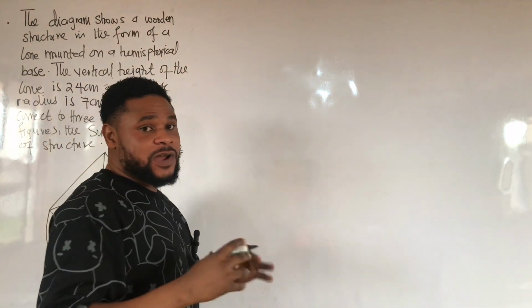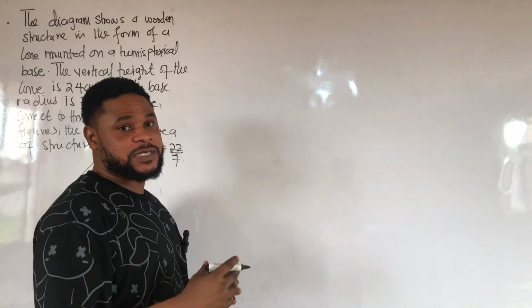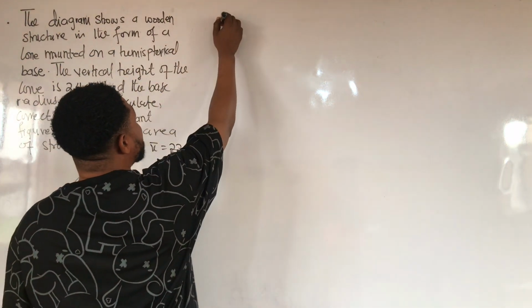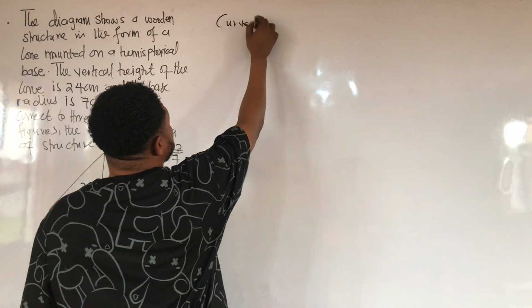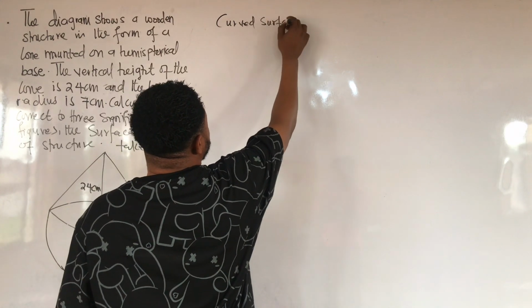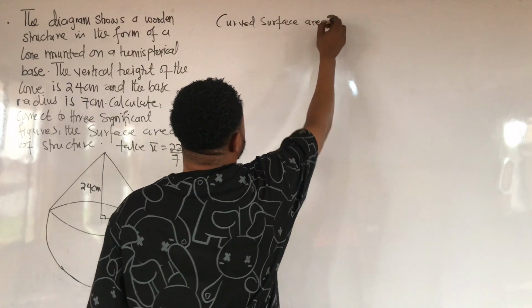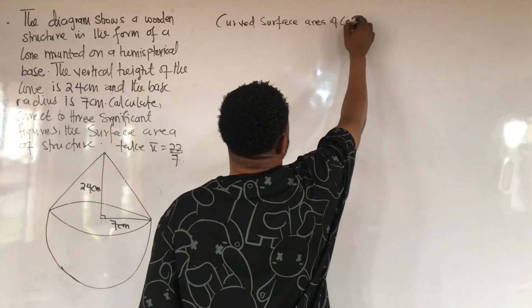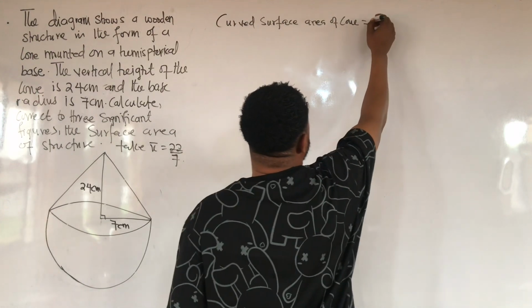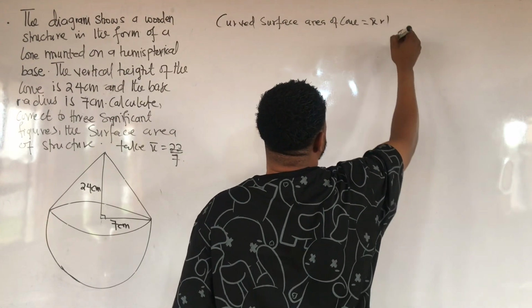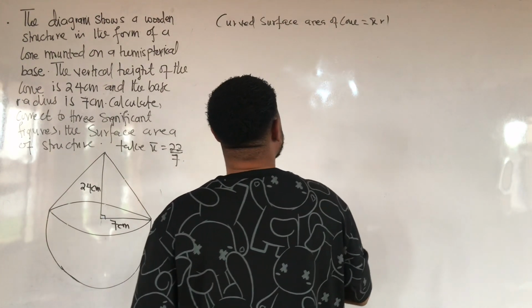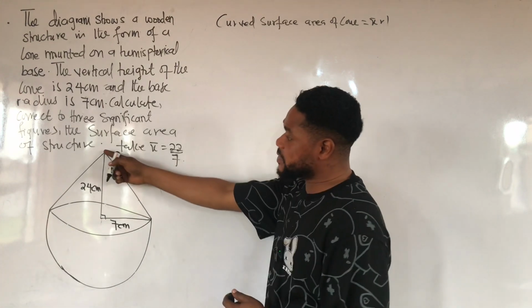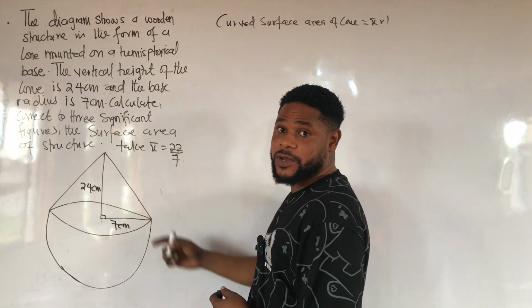Let's see how we can find the surface area of the cone. The surface area of the cone is going to be the curved surface area. So we start by saying the curved surface area of the cone. We all know the formula: pi r l, which means that before we can find it, we need to get the slant height of the cone.